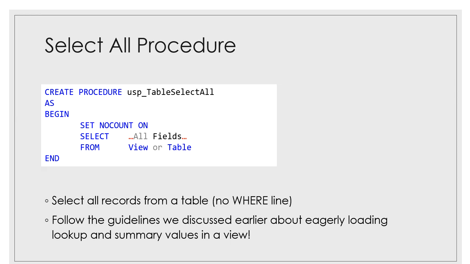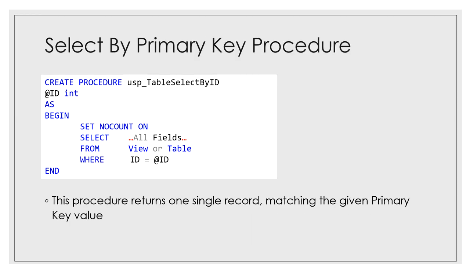In practice, especially if there are any relationships to a table, you'll always create a view first and base it on the view, which is then denormalized. It has all the lookup values right there in each row. Basically, select all the records from the table. There's no where line, and away we go.